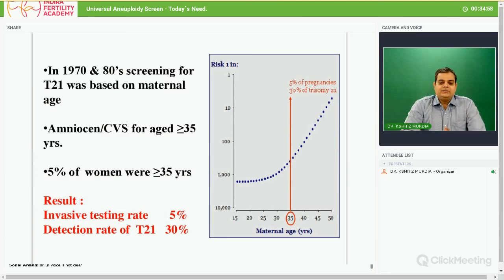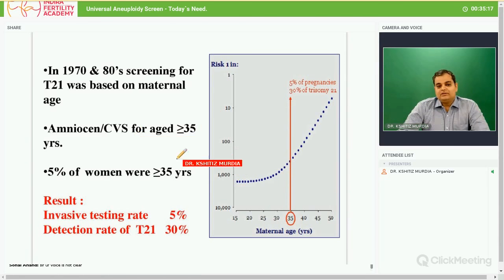If I go by the epidemiology of that era, around 5% of pregnancies occurred in women of more than 35 years of age, and that 5% of pregnancies contributed to 30% of the trisomy 21 cases.